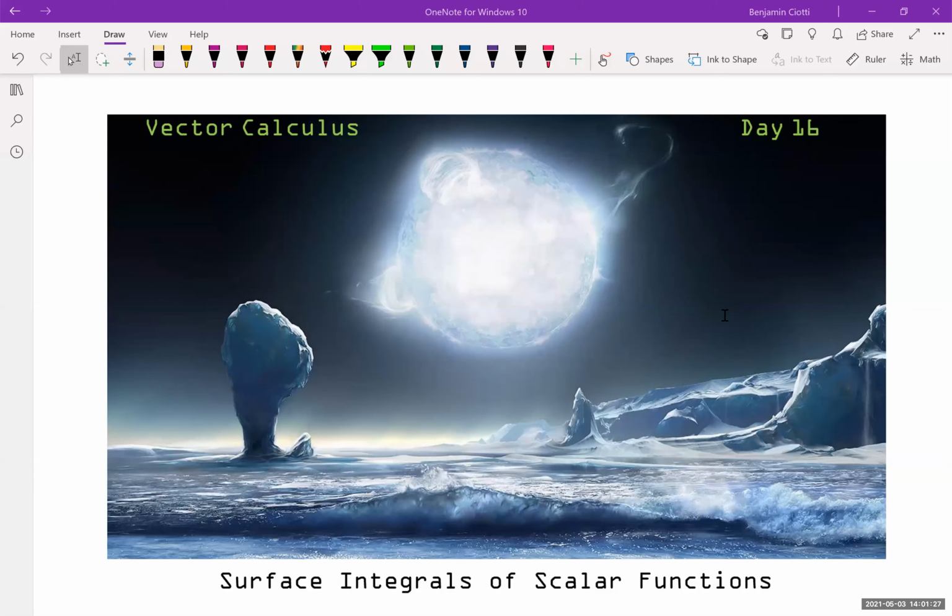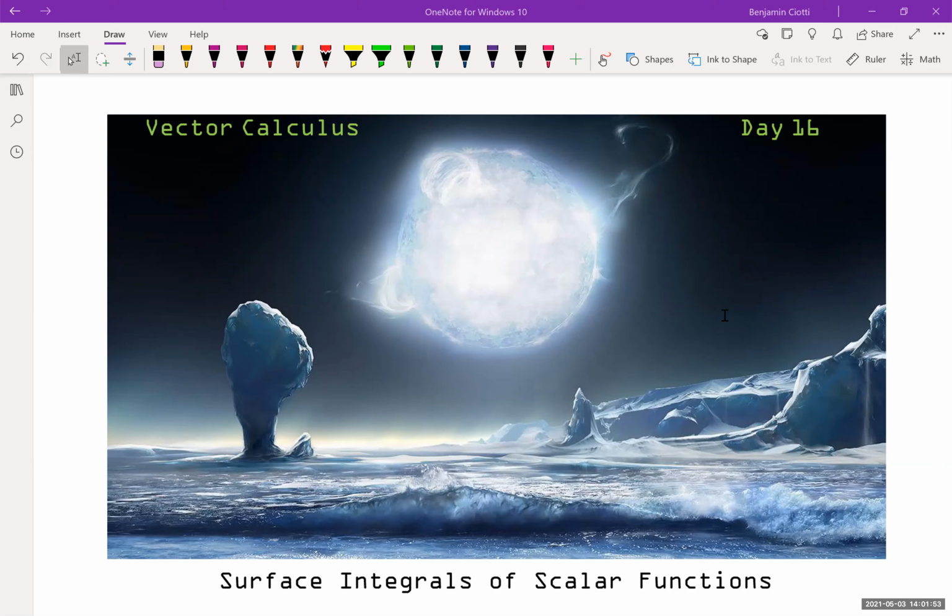So I already posted the video in which I went over the concepts for today's topic, which is surface integrals of scalar functions. This is the natural progression based on the topic that we last covered. At the beginning of chapter 7, we did paths and curves. Now we're doing surfaces.